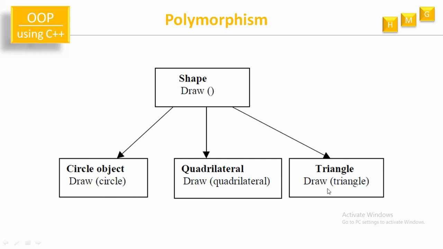So here the polymorphism is implemented in terms of the draw function, and it is also an example of function overloading. The same draw function is performing different operations depending on the type of object and the data provided to it. The next concept of OOP is message passing.